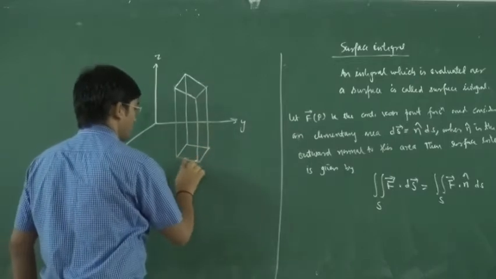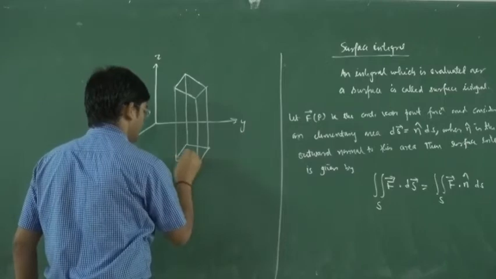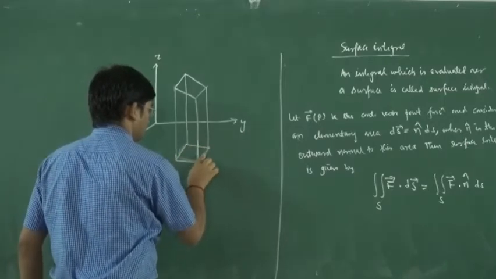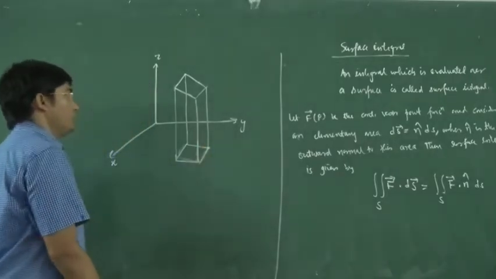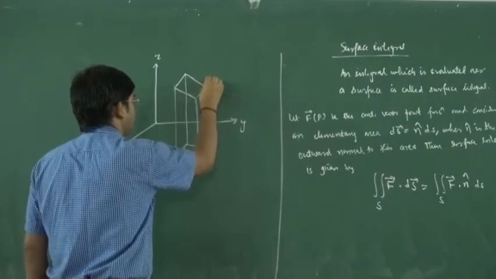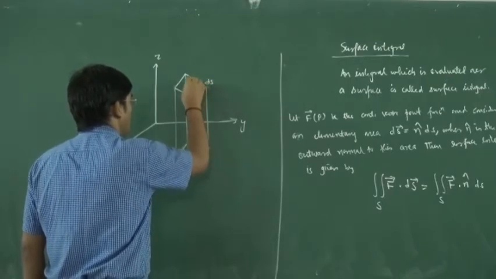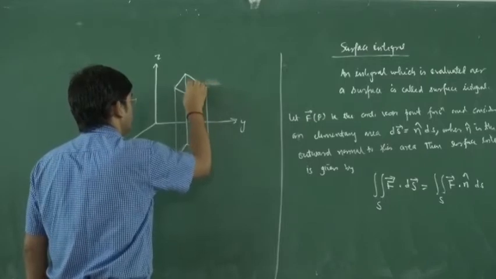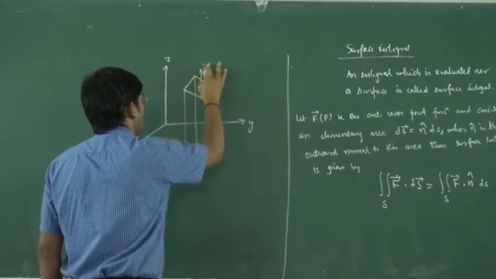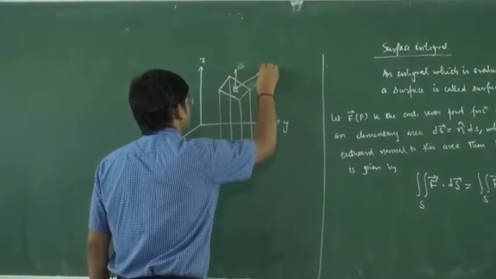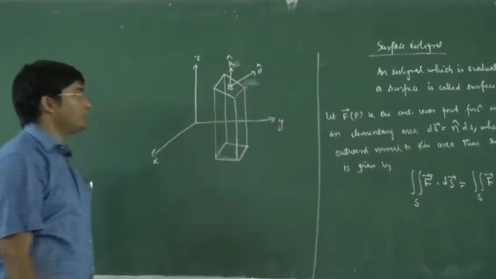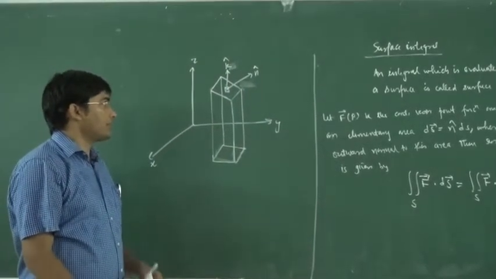Suppose that this is your elementary area ds, and the unit normal to this elementary area is your n cap, and the normal vector to this xy plane will be this k cap.